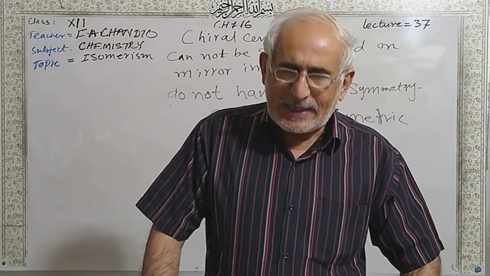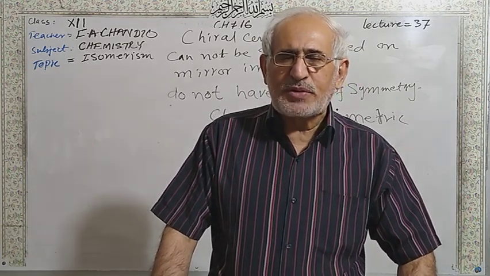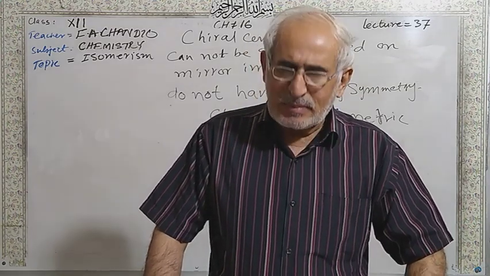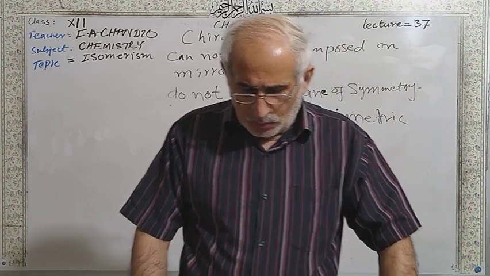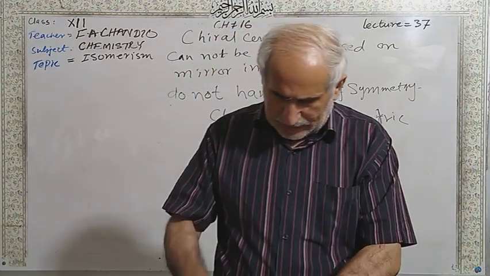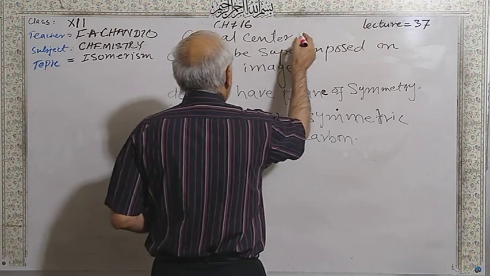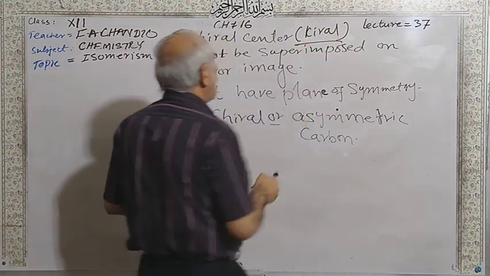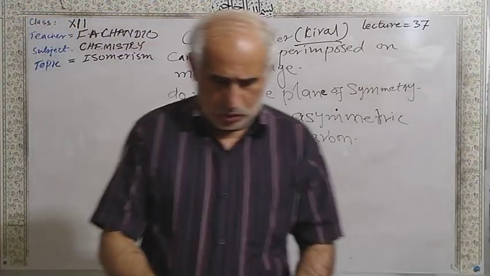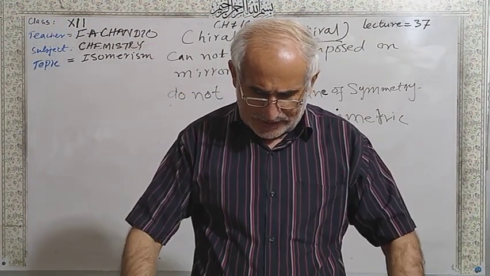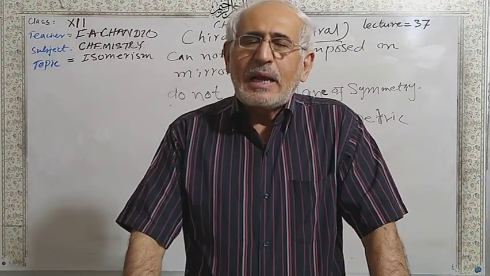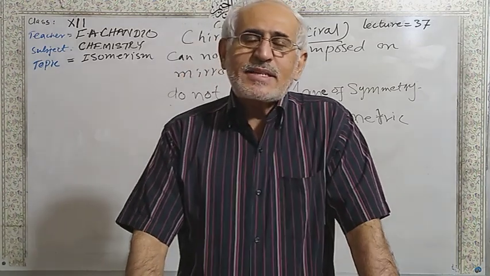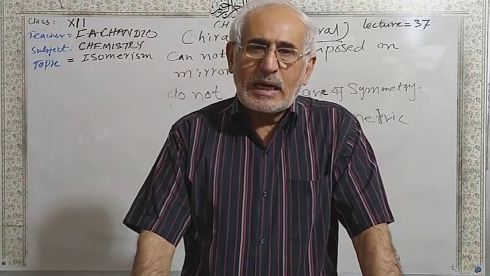An object lacking a plane of symmetry is called dissymmetric or chiral, pronounced K-I-R-A-L. A symmetric object, which has a plane of symmetry, is referred to as achiral.